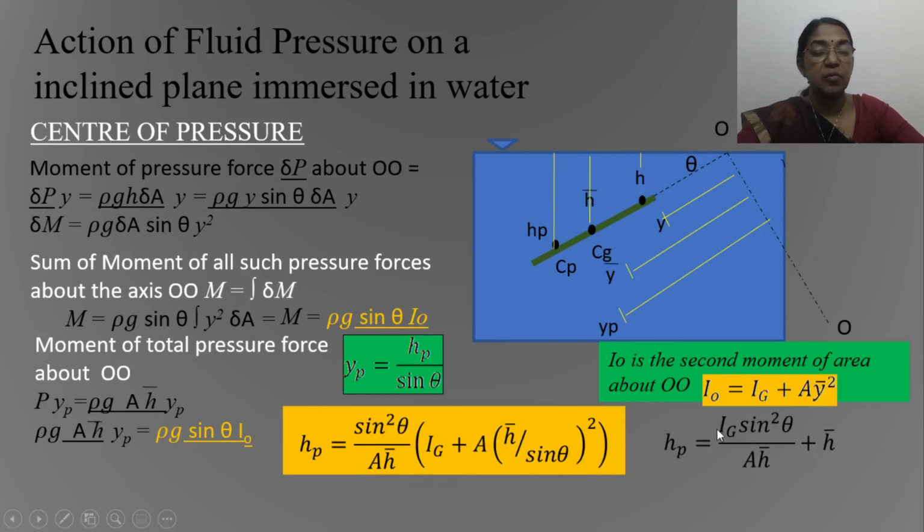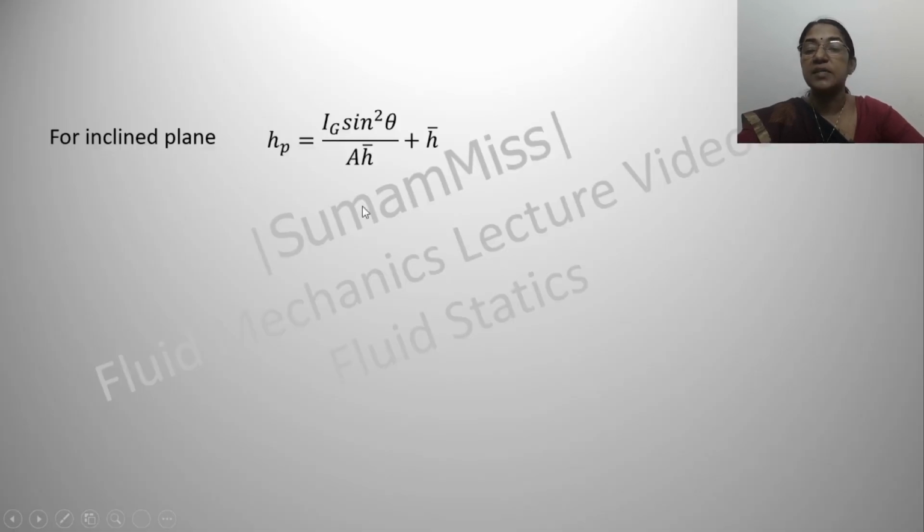Ig is the moment of inertia of this plane about an axis passing through the center of gravity, h bar is the distance of this center of gravity with respect to the free surface, and A is the area of this plane. So center of pressure for an inclined plane can be written as hp equal to Ig sin square theta by A h bar, plus h bar.